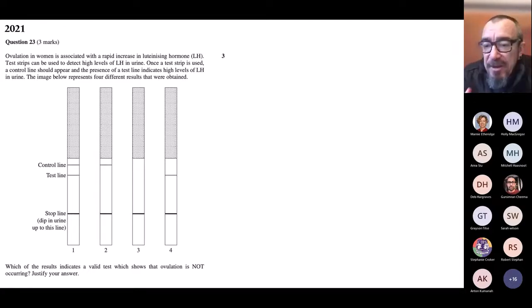And this ensures that students have an understanding of variables and experimental controls, more specifically validity and experimental controls in this case. So it required students to identify which of these results indicates a valid test, which shows that ovulation is not occurring, and you had to then justify your response to that. And again, if you can answer that in your mind, I'll give you 5 more seconds to have a look at that and ponder before we look at the marking criteria for it.